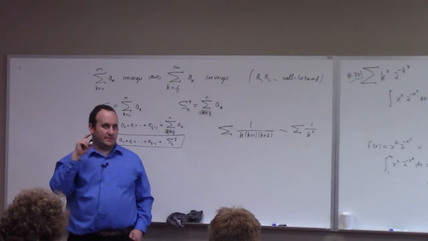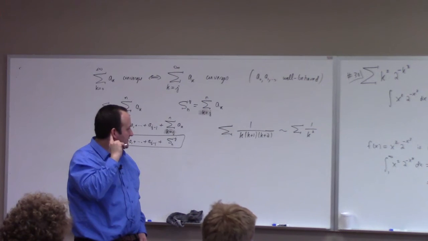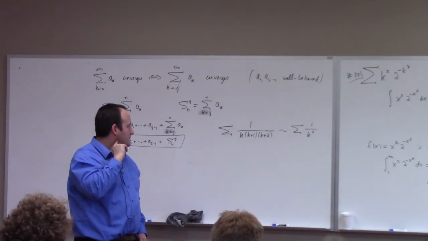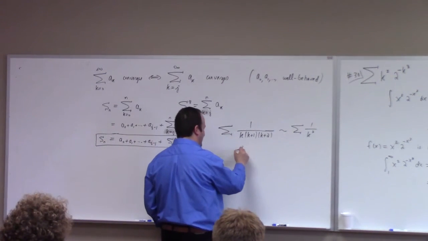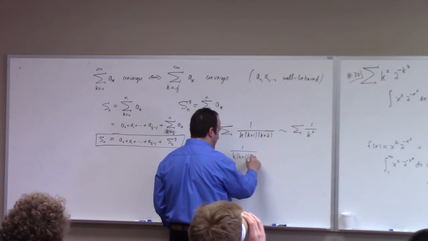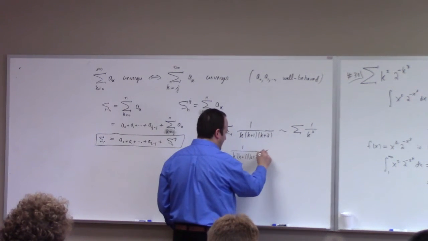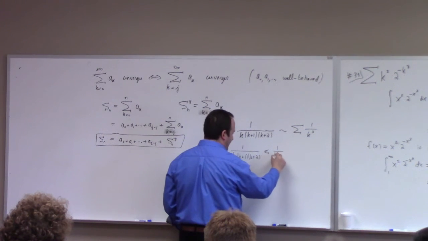So could we use a basic comparison test? Oh yeah, we could, couldn't we? Fine. I'm looking for a problem where limit comparison shines, but I think I'm just being silly, because here this is obviously less than or equal to what? 1/k times k times k.